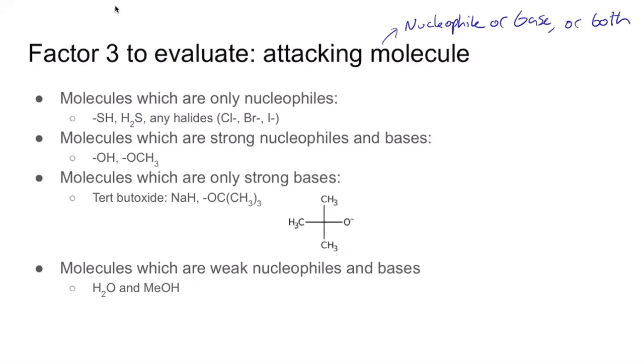So here we have four examples of different attacking molecules. And if you're in my study group, you've probably already seen a version of this slide. We have molecules that are only nucleophiles. Those include your sulfur nucleophiles like SH- and H2S, as well as any halides such as Cl-, Br-, and I-.